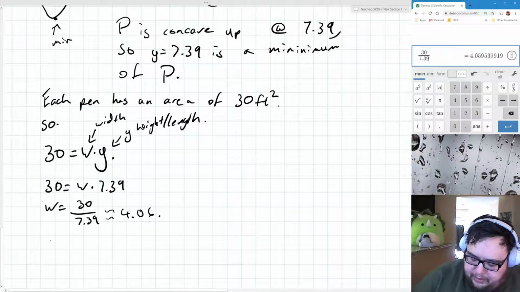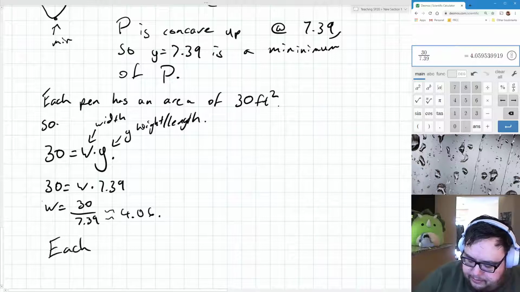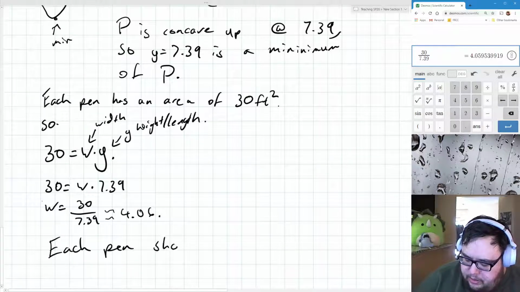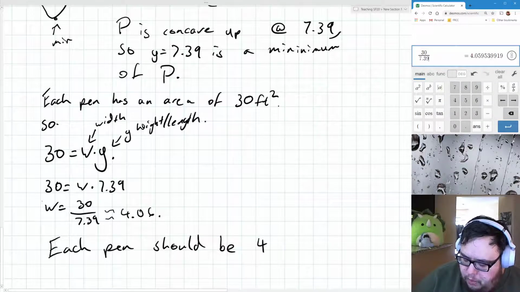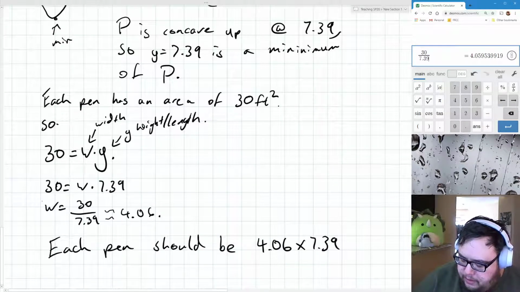So each pen should be 4.06 by 7.39 feet.